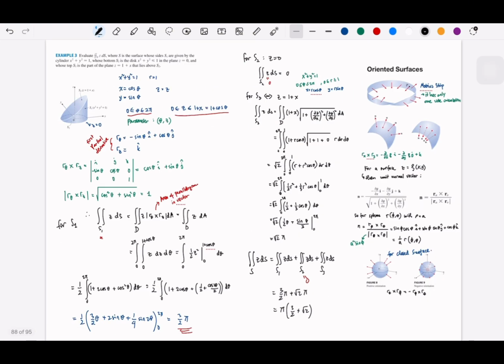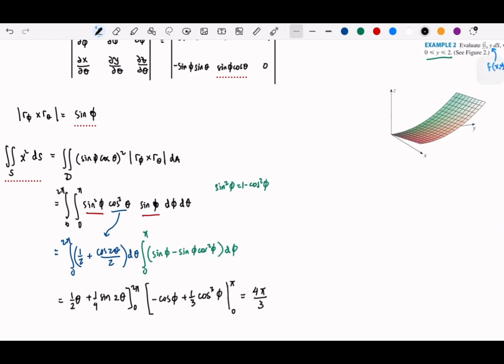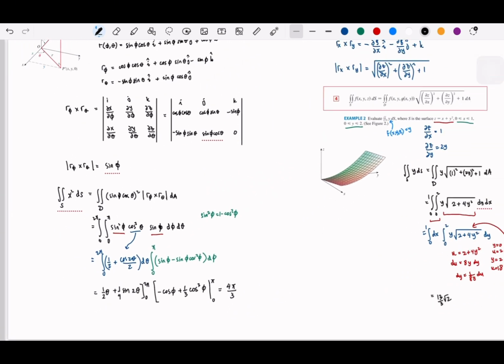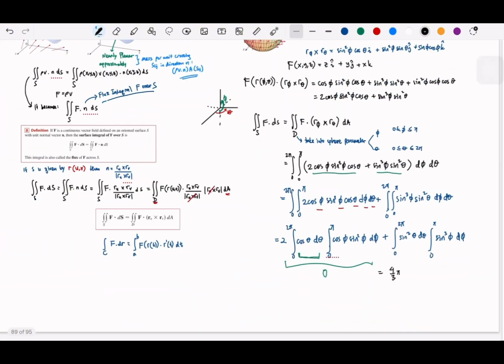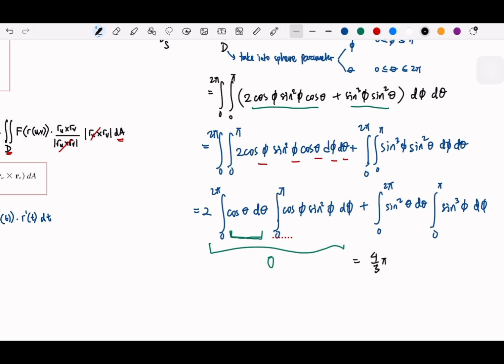I think, let me check. This one. So that will be very similar. Or perhaps you can check through calculators if you want.